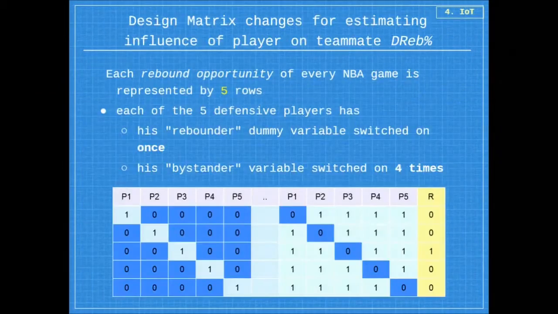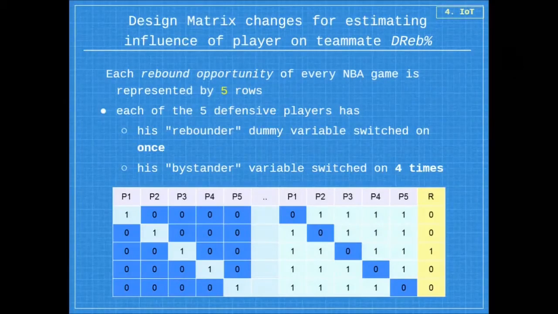Unfortunately, for shooting the situation is pretty simple. We know who shot the ball. But if we want to estimate a player's influence on his teammates' rebound percentage, it's a lot more complicated because there are 5 potential players who could grab the rebound. So each potential rebounding opportunity, each missed field goal attempt, is going to turn into 5 observations.